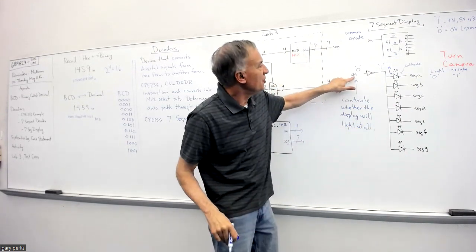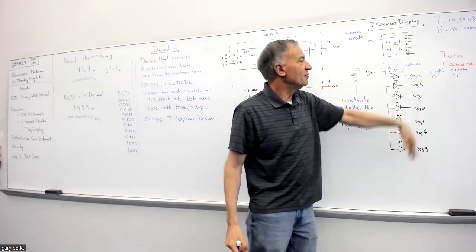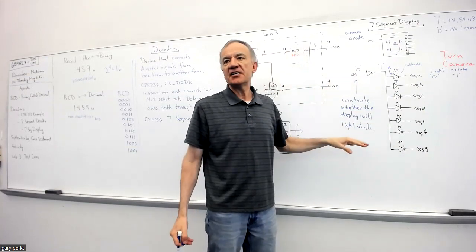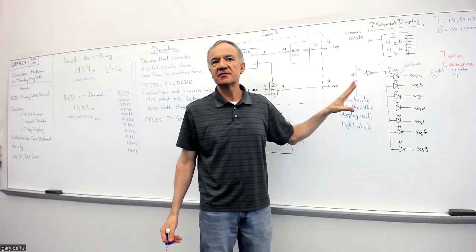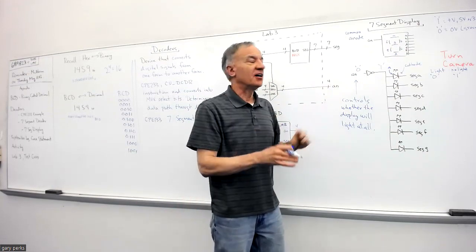If you don't have the right values, the display is not going to light up. The segments are always going to be off, no matter what the cathode is doing.